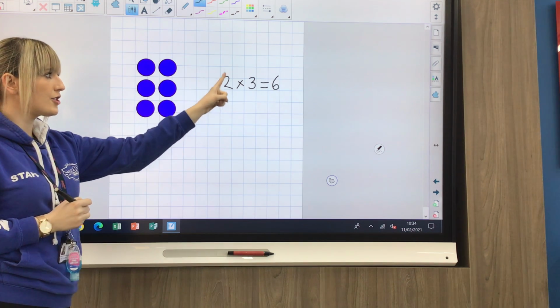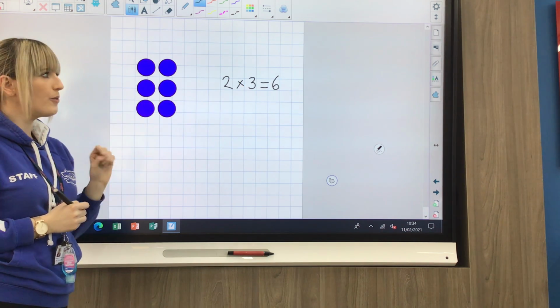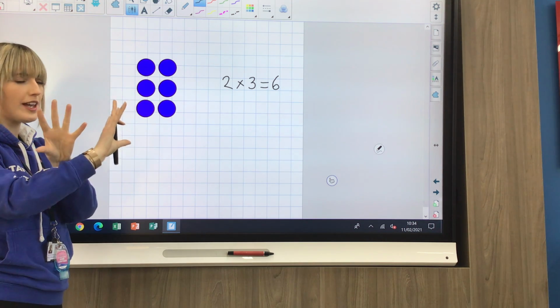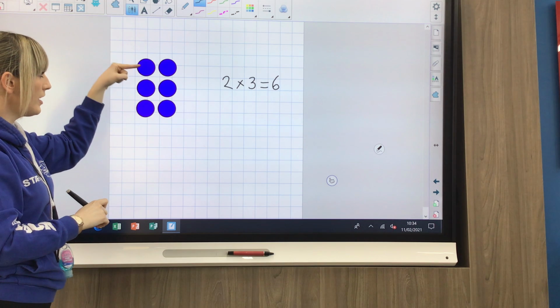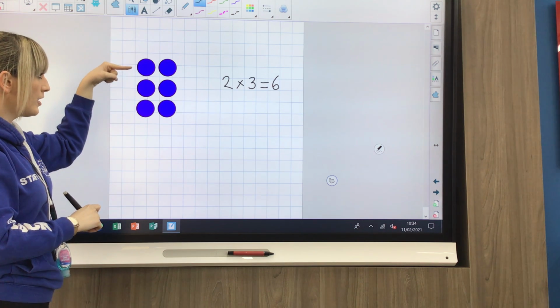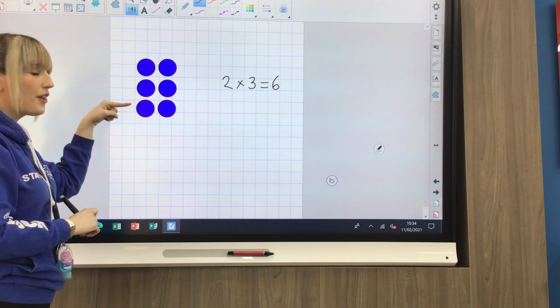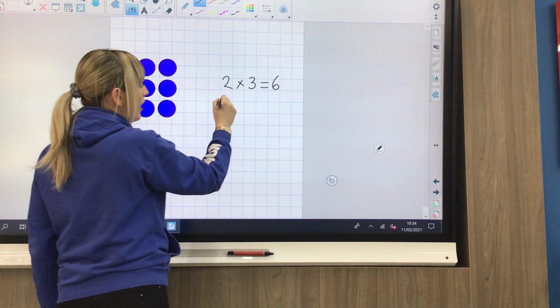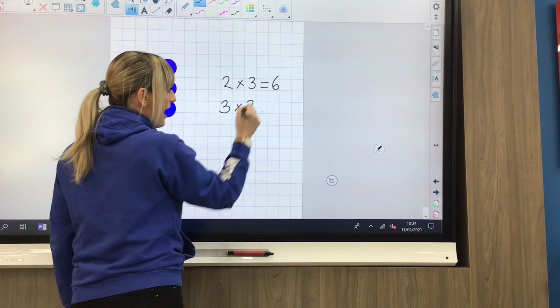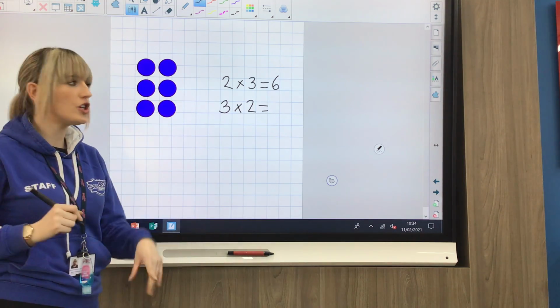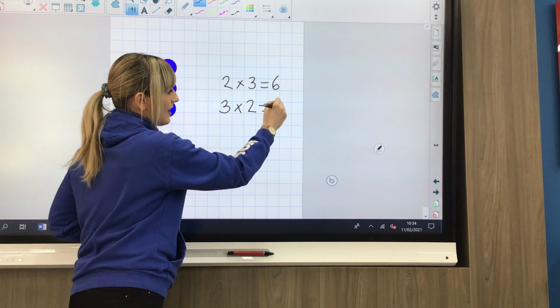So I had 2 lots of 3. I wonder if you can work it out now it's switched. I've got groups of 2, so 1, 2, and I've got 1 group of 2, 2 groups of 2, 3 groups of 2. So now I've got 3 times 2, and we know that answer's the same. So 3 times 2 is 6.